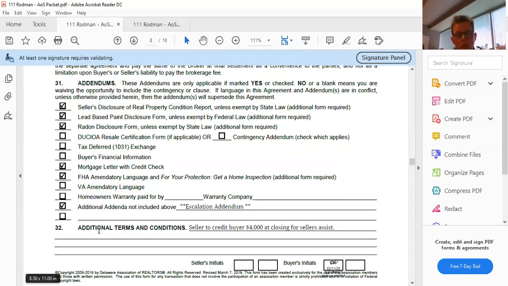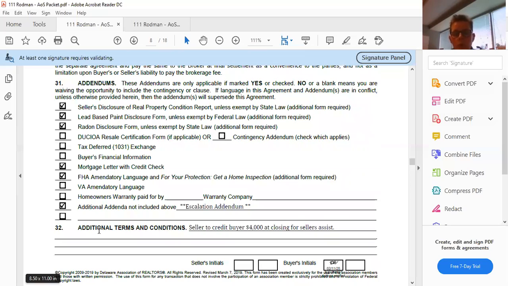Yes, and also, guys, I noticed on the DAR forms, there is a new addendum called Sight Unseen. Okay. Now, my team, we have our own Sight Unseen addendum. The DAR one is just as good as well. So in this day and age, there may be a time where you have a buyer that will buy a property sight unseen.